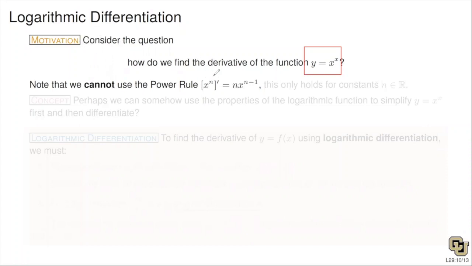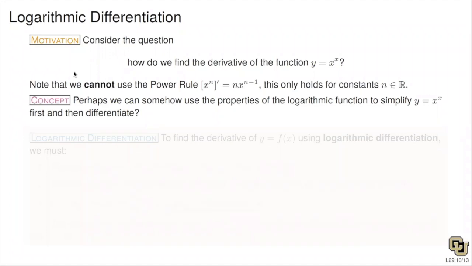Variable raised to a number, no problem, I can use the power rule. Variable raised to a variable, hold on. We're going to have to use this thing called logarithmic differentiation. The idea is that perhaps we can use the properties of the log to make this easier.